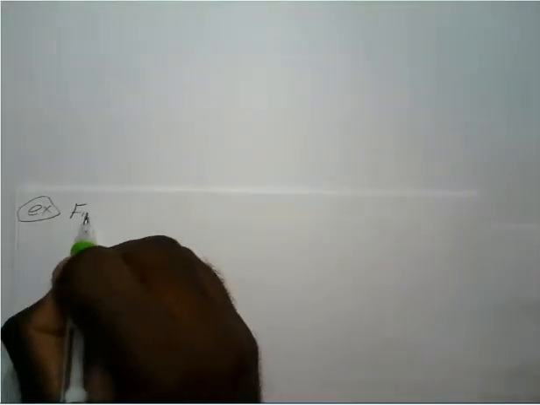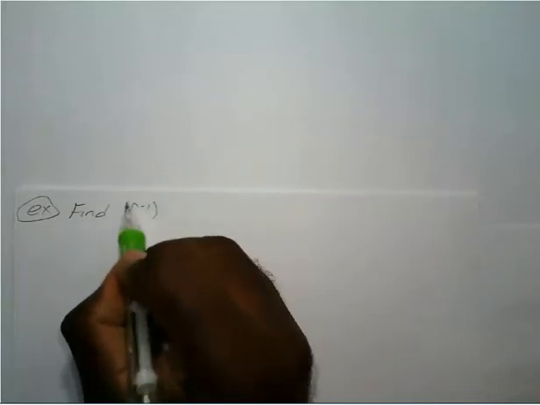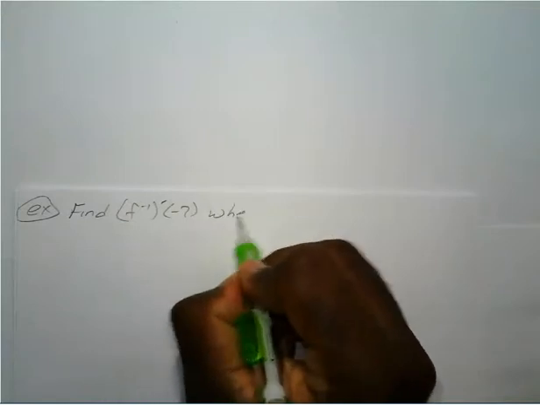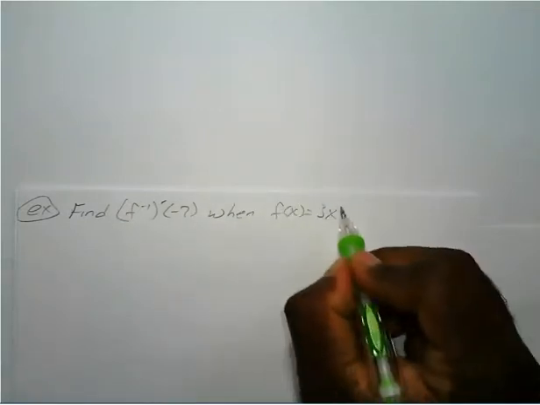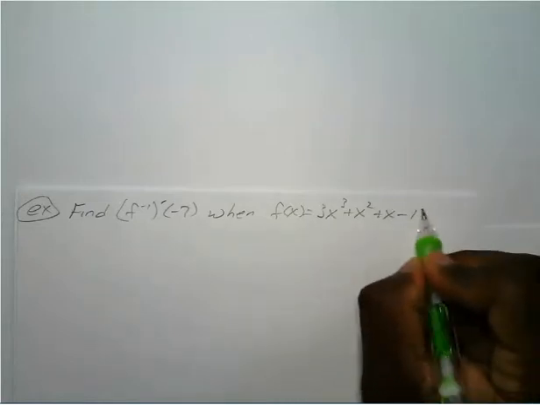Okay, so what if we wanted to find f inverse prime at -7 when f of x is equal to 3x to the third plus x squared plus x minus 12?